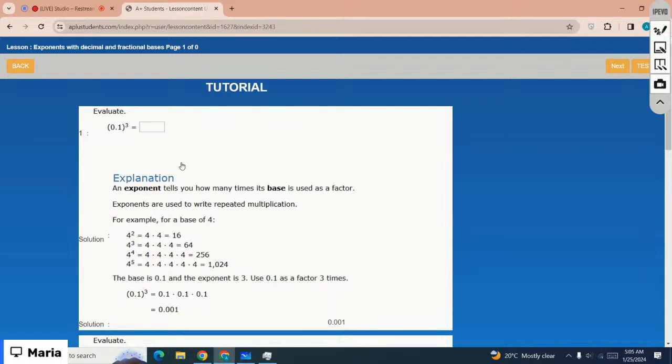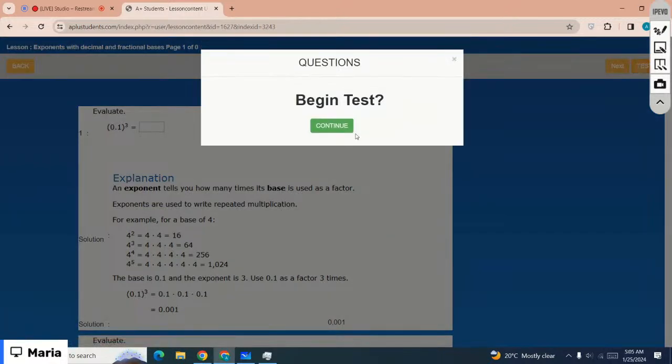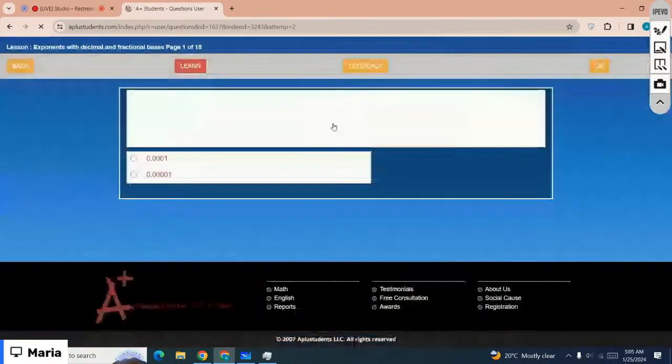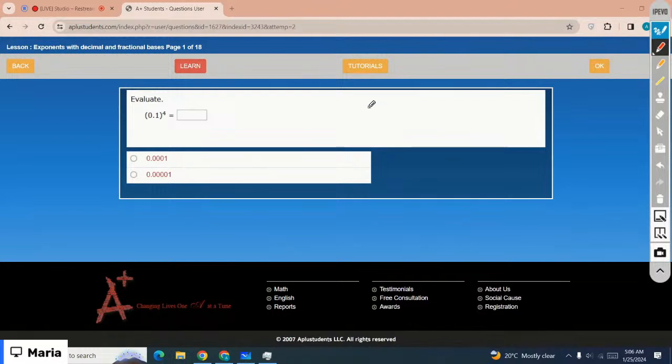Let's just start with the practice questions. Okay, the first one is 0.1 exponent 4. So base is 0.1, right? 0.1 is the base and 4 is the exponent, right?